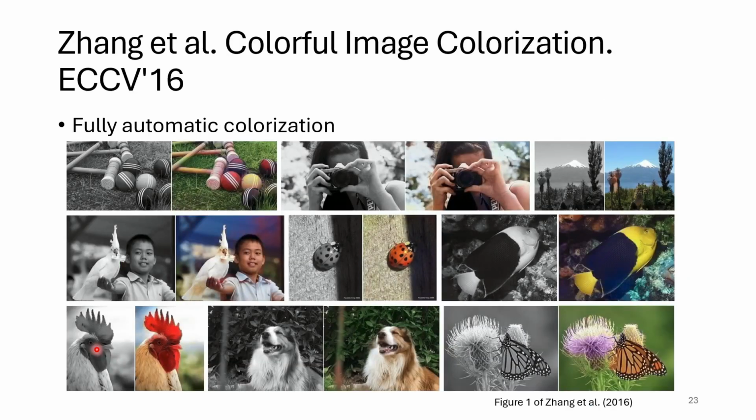Okay, so let's see one more example of self-supervised learning: automatic colorization. It means, given a grayscale image, it will automatically colorize the input image as a colorful image. So why is this a self-supervised learning method?